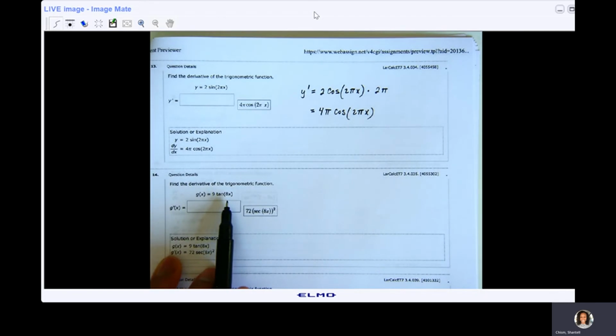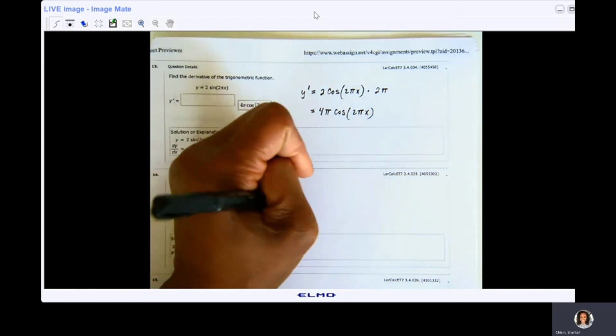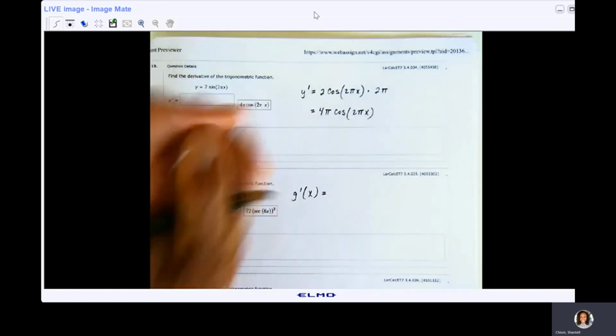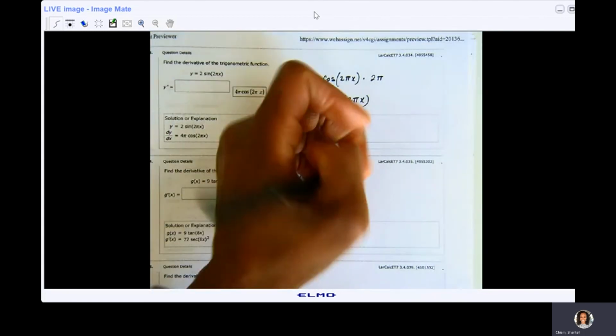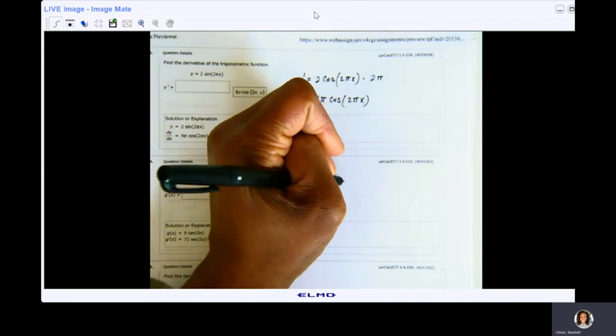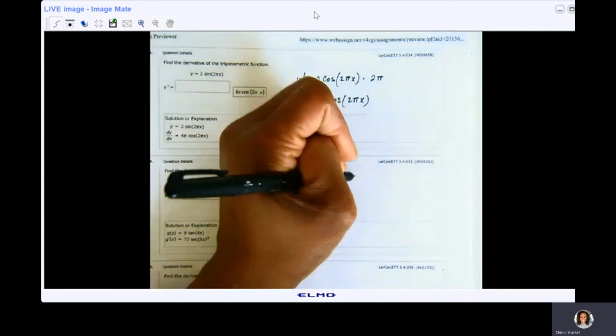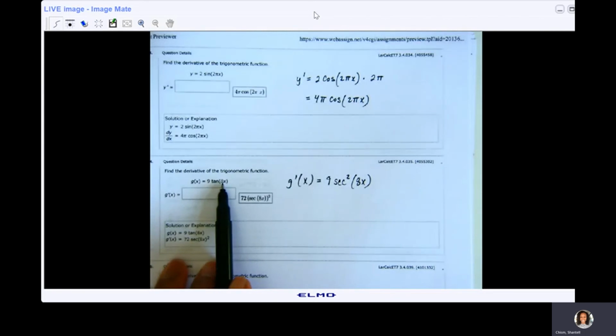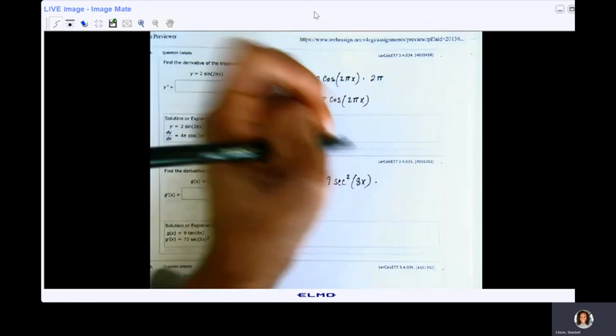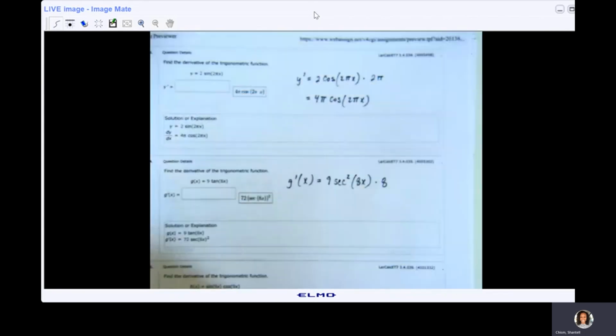Similar here. You would take the outer derivative, which is the tan. The 9 is a constant multiple, so for g prime, you would keep the 9. The derivative of tan is secant squared, keeping the inside the same. And then taking the derivative of the inside, the derivative of 8x is just 8.